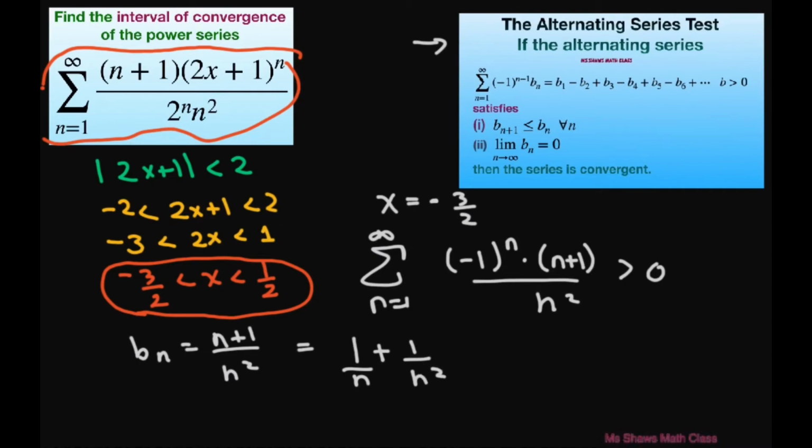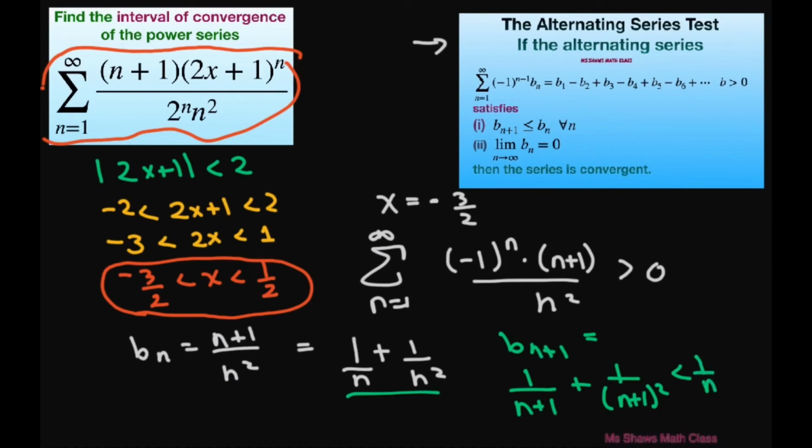Now, this is decreasing, because b sub n plus 1 equals 1 divided by n plus 1 plus 1 divided by n plus 1 squared, which is less than this.